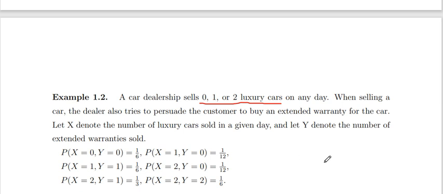So here we have two variables. X is the number of cars that this salesman can sell, and Y is the number of warranties sold. X can be 0, 1, 2. Y also can be 0, 1, 2. Okay, so we know there's a probability.